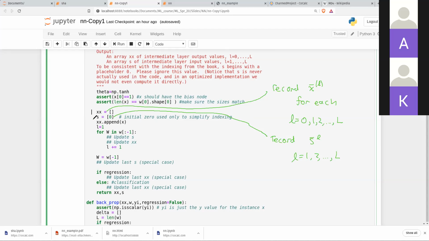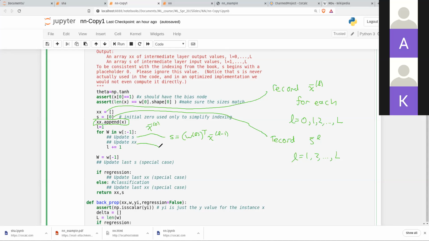All right. And so what this is doing is it's just adding x0 to the x bar 0 to this list that's going to record all of the things. So now we go over every matrix W except for the very last one. And I left this for you to do, but just in mathematical notation, S is going to be equal to WL transpose times x bar L minus 1.